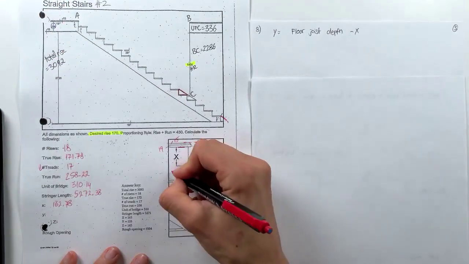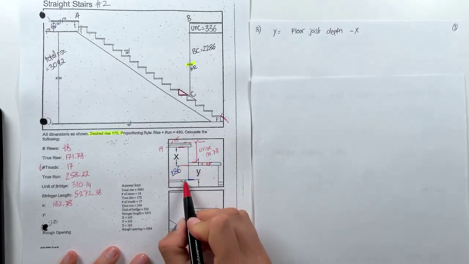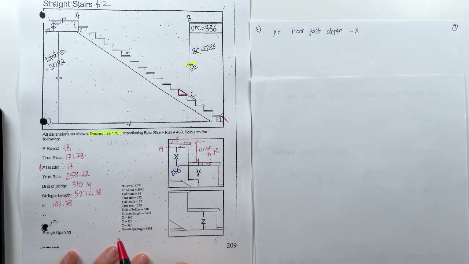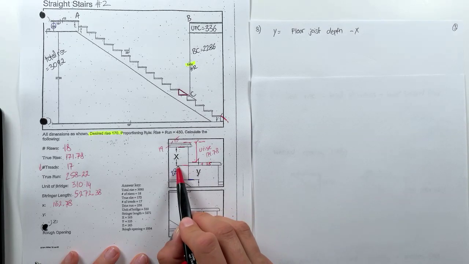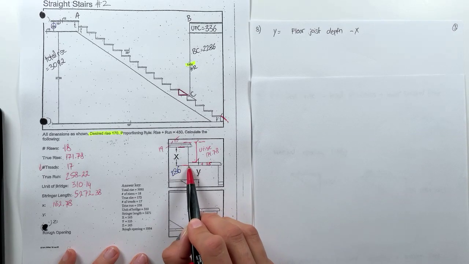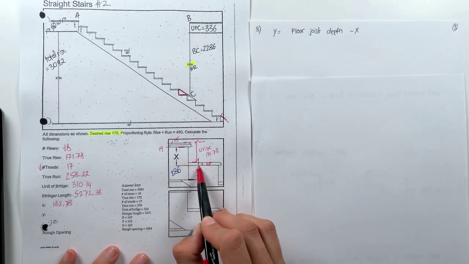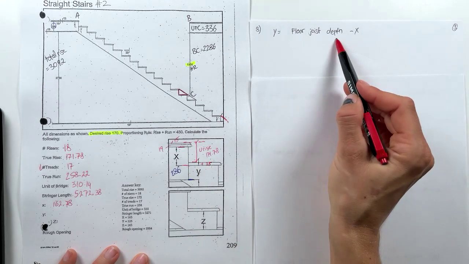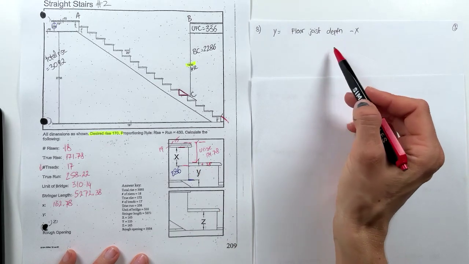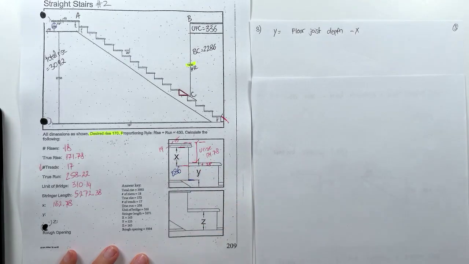Right up there, 286 is from the bottom to the underside. So now let's see where X and Y meet. X went to the underside of our tread here on that first tread, and Y also goes to that same spot. So it makes sense that we take our floor joist depth or width, whatever you prefer, minus our X measurement that we just found out.